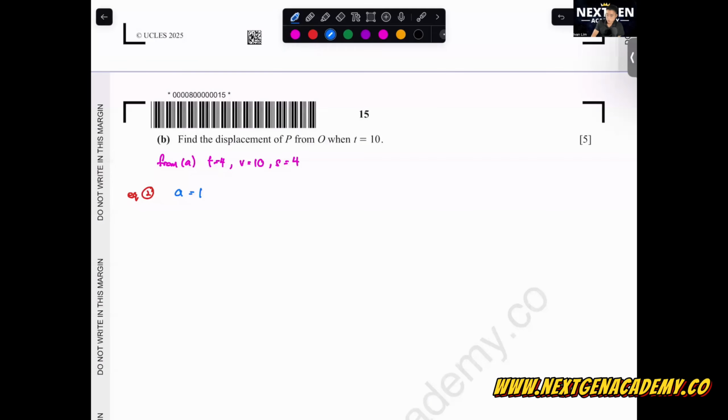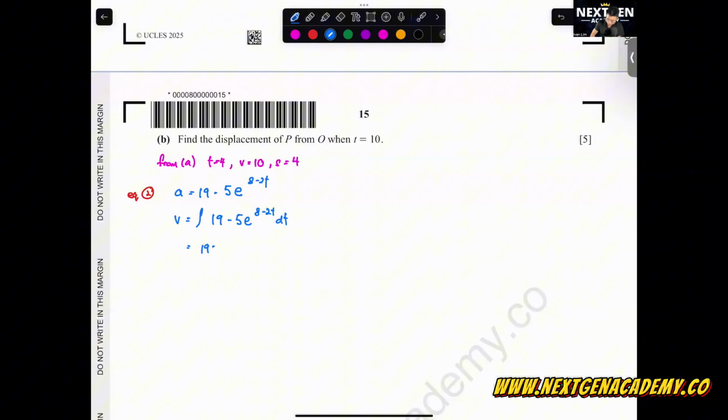Now let's repeat the entire thing again. Let's write down equation 2: 19 minus 5e to the power of 8 minus 2t. We're going to integrate it. Integrate 19 minus 5e^(8 minus 2t) dt.